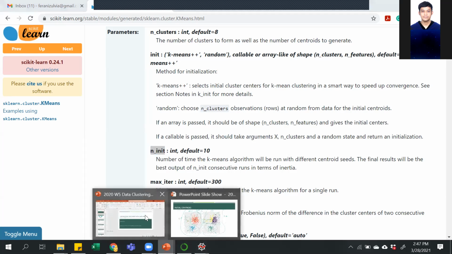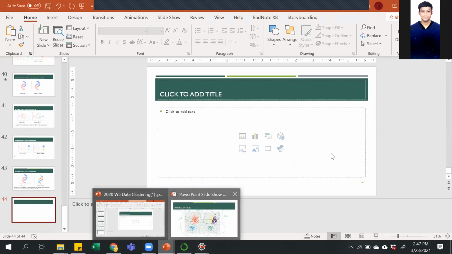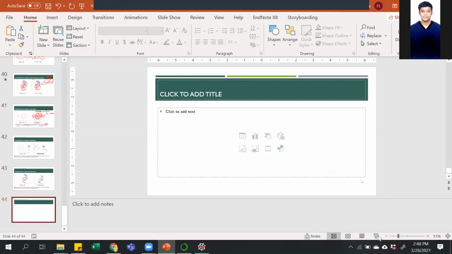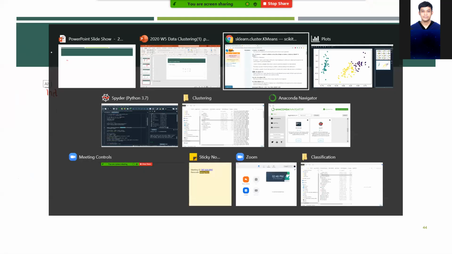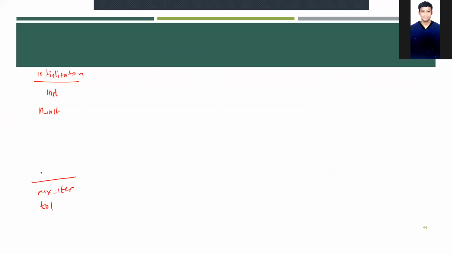So wait, let me add. Okay, init and n_init, these two are about initialization, and max_iter and tol are about stopping criteria.